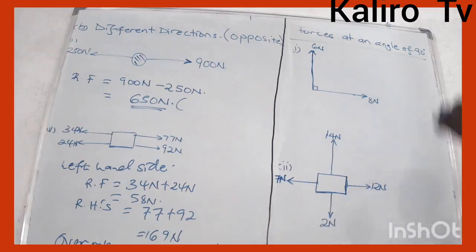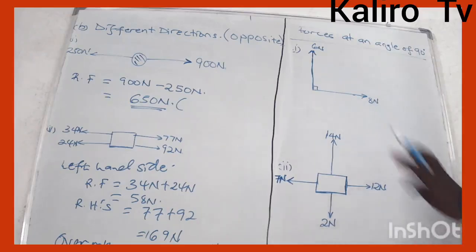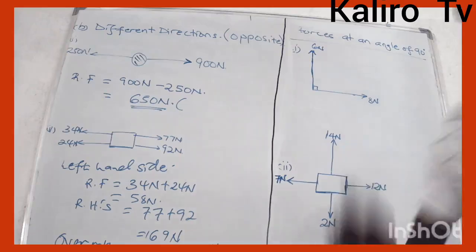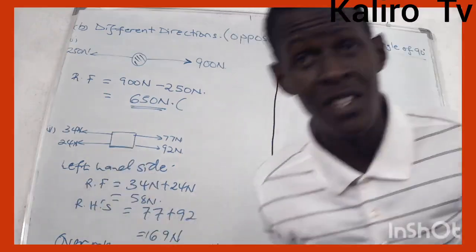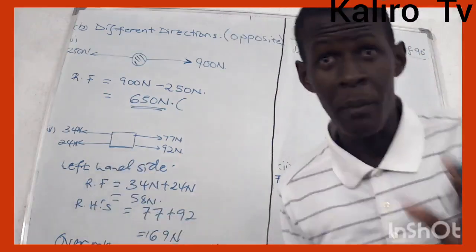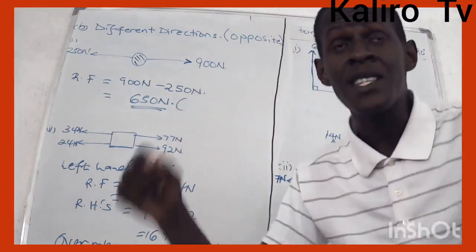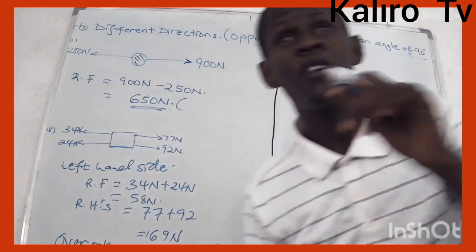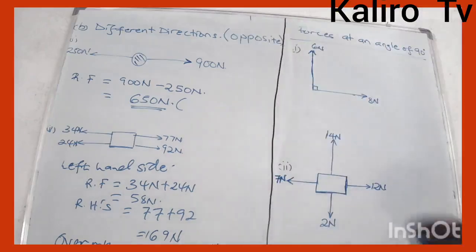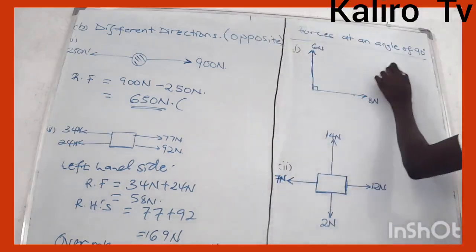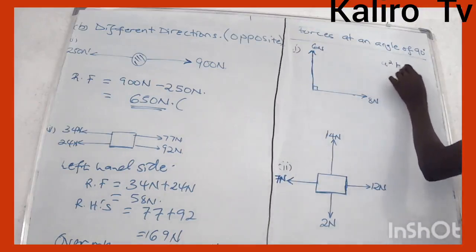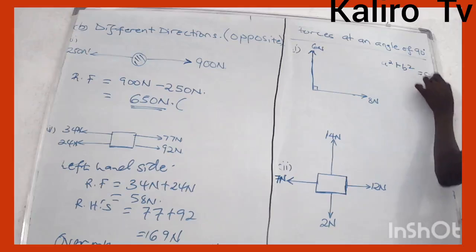That is the result. Now, forces acting at an angle to each other is also a different case. What we do here is get what we call the resultant. As we get the resultant for forces acting at an angle, we treat them with a formula: a squared plus b squared equals c squared.